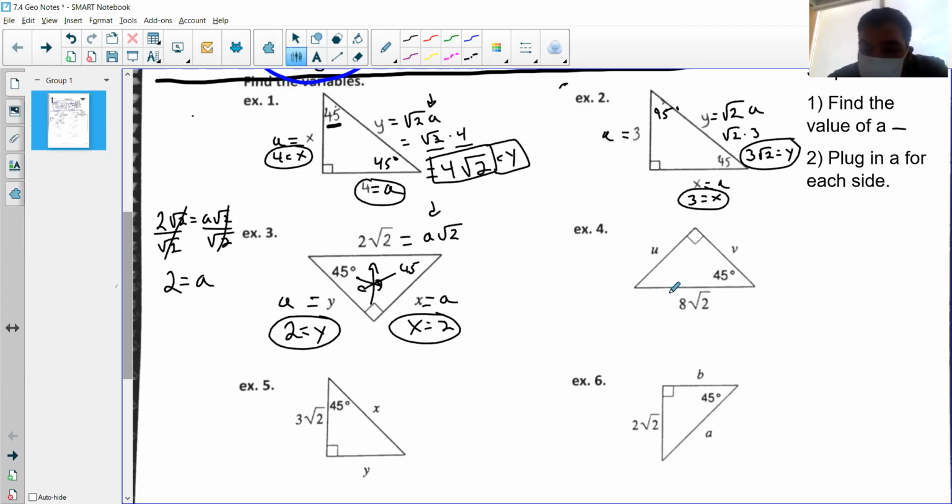Okay. Next one, same situation, U and V, but doesn't really matter. It's across 45, so this is A, and this is A root 2. Got to solve it out, so divide by root 2 on both sides. Cross out, A equals 8, super easy, 8 equals U, and V equals 8.